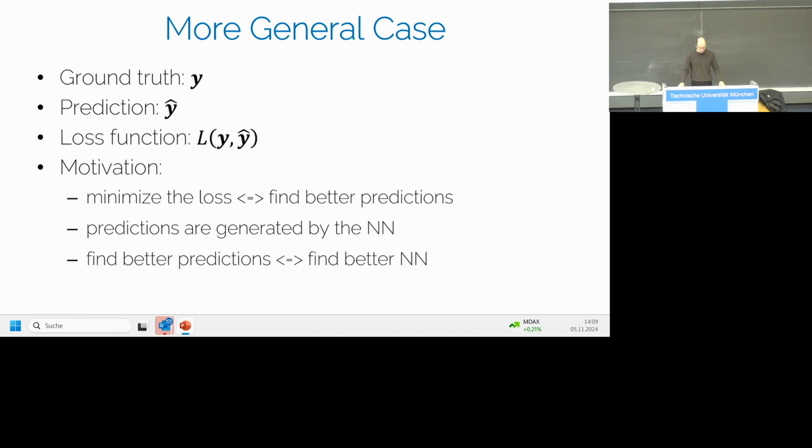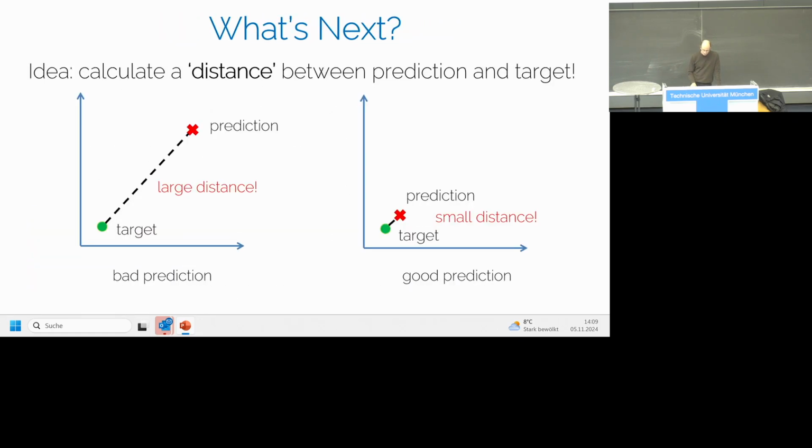So we have the ground truth, y. We have the prediction of our network, y hat. We have a loss function that measures that discrepancy, could be mean square error, could be L1 loss, could be cross-entropy in the case of classification, or whatever other loss function. And in practice, you're often used to saying the distance between 2 points is just the length of the shortest path. But as you may know, even in the plane, there are multiple distances.